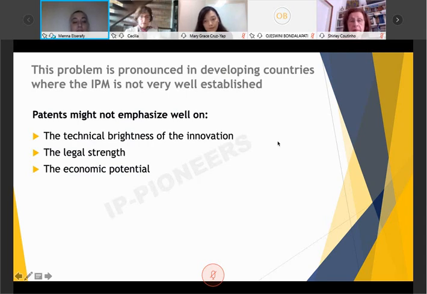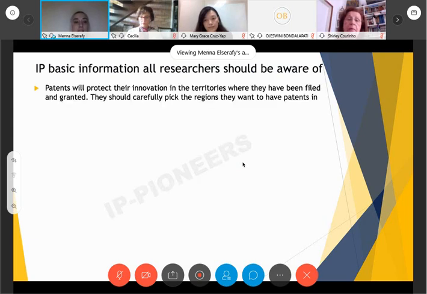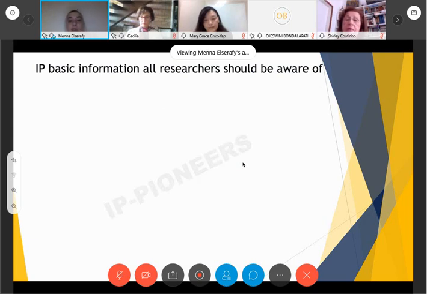And these three points are very important if you want to have a very good patent that really protects the rights of the researchers. They should really state clearly what is the unique competitive advantage in their innovation, and what are the legal strengths, like how they have advantages over others from the legal point of view, and what is the economic potential and how their products can really be of benefit to the market.